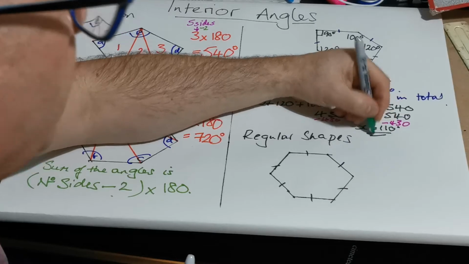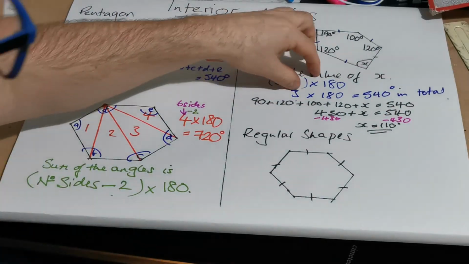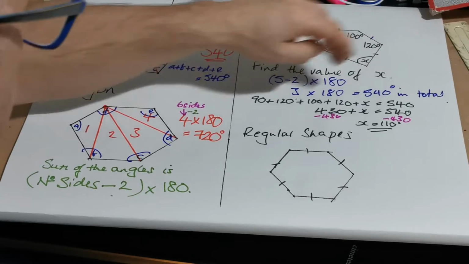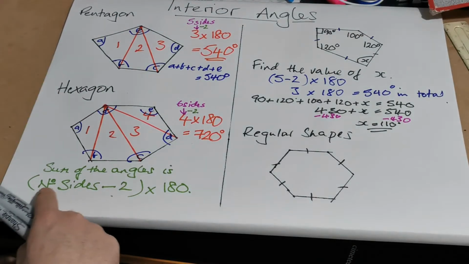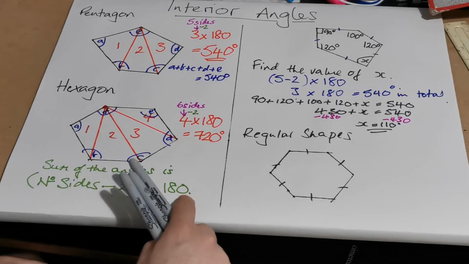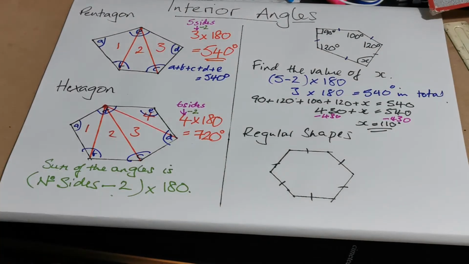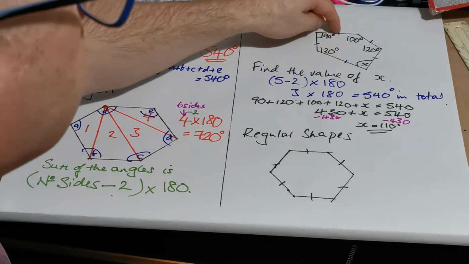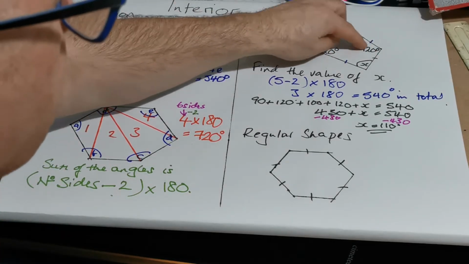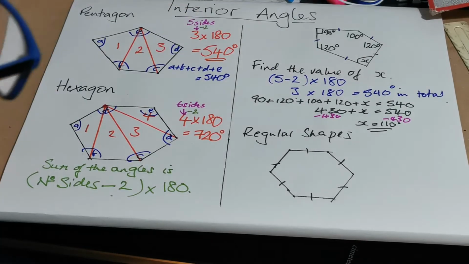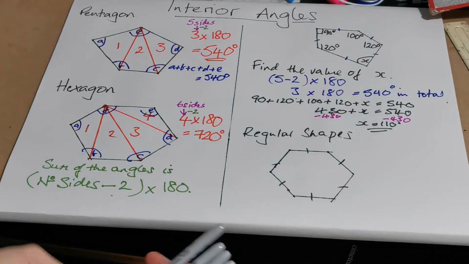So I had to find out the total of the angles in a 5-sided shape, and I did that using my rule, number of sides take away 2 times 180. So 5 sides, 5 take away 2 times 180. And then I added up the known angles, took them away from 540, which is what it worked out to be, and that gave me the size of my missing angle x.